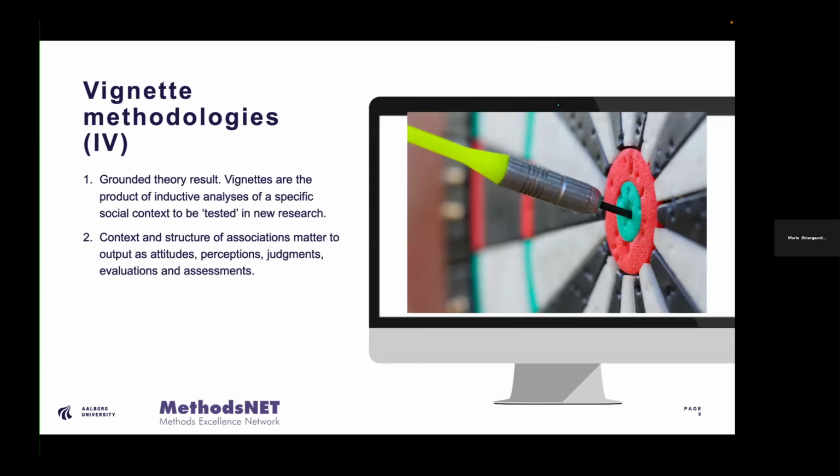Then the last version I will mention here, at least, of a Vignette methodology, is as a methodology where the Vignette becomes a result in itself.